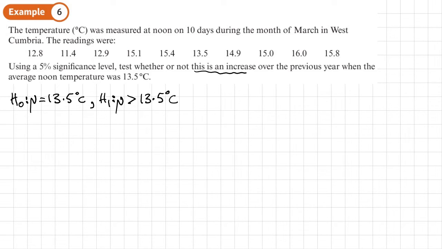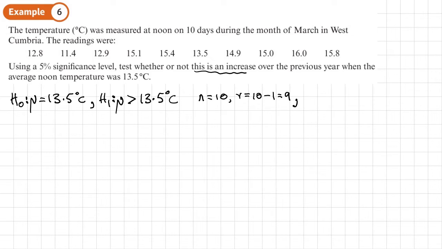So you can see here we do not know the population variance, so this is going to be using the t distribution. Now I've got 10 readings here, so n is 10. That means that our degrees of freedom is 10 minus 1, which is 9.